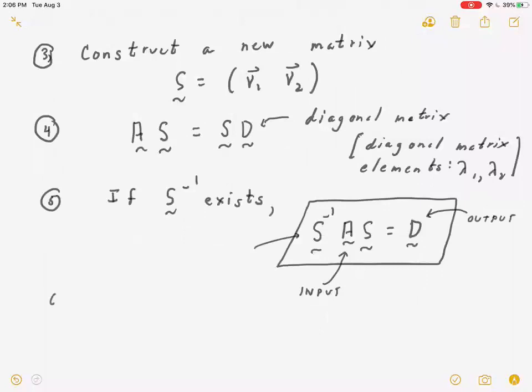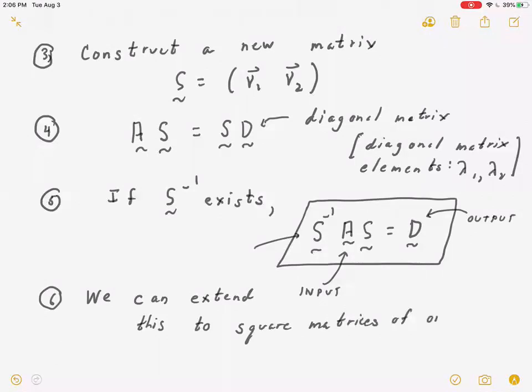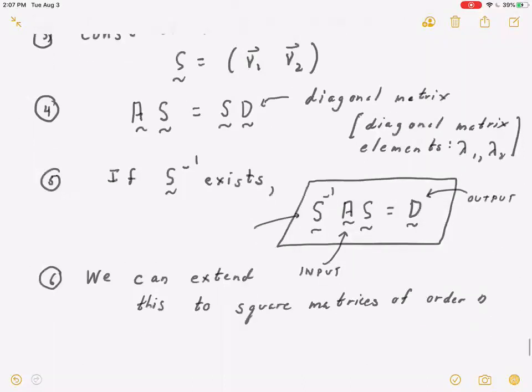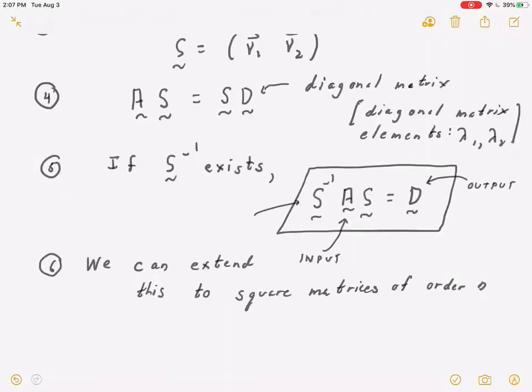Now, we went through this prescription for a simple case of a square matrix of order 2, but it's easy to show, we won't do this here, but you can think about this, we can extend this prescription to square matrices of any order. 3 by 3 matrices, 50 by 50 matrices, 1,000,000 by 1,000,000 matrices.